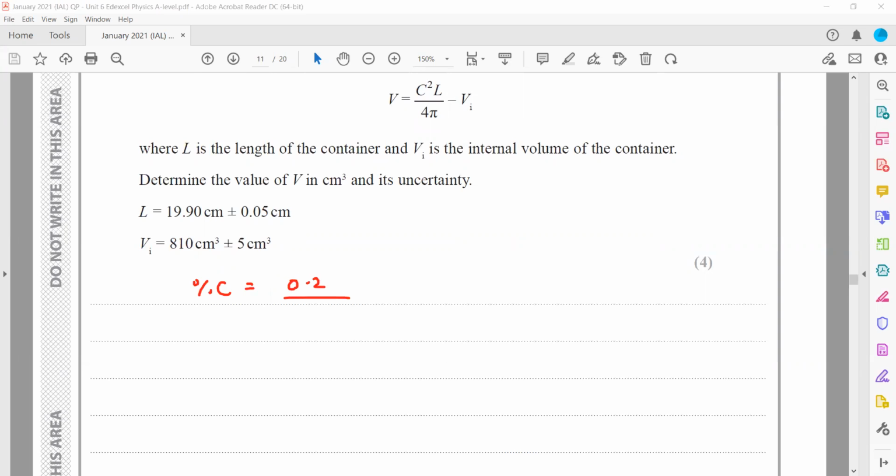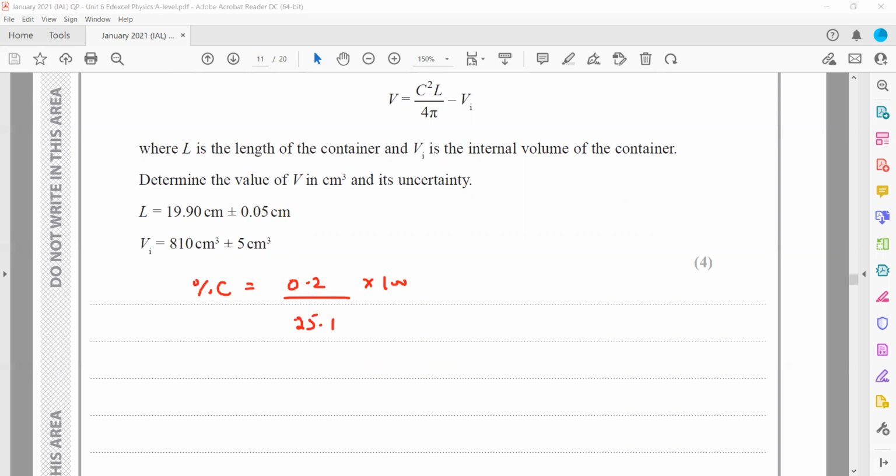What was the value recorded for C? The value recorded was 25.1, into 100. And whatever answer we get, we'll multiply that by 2 because it is C square.